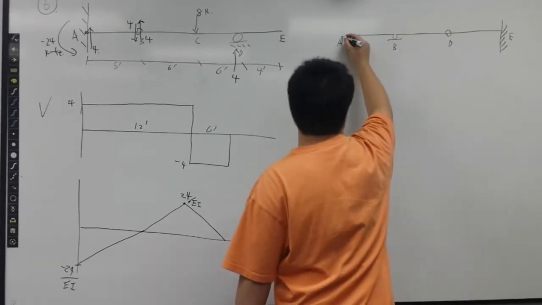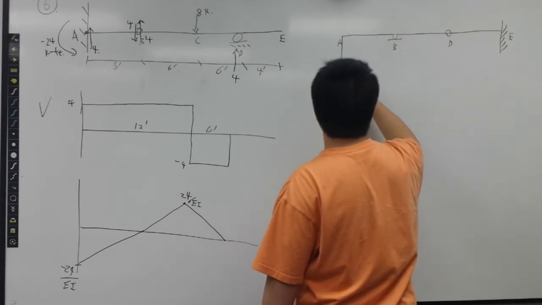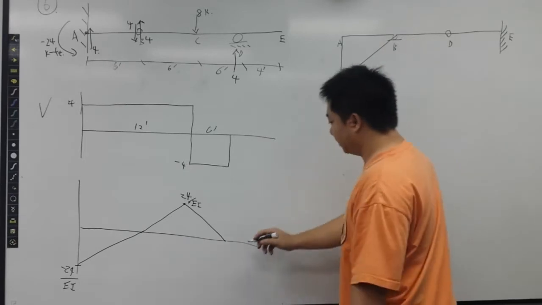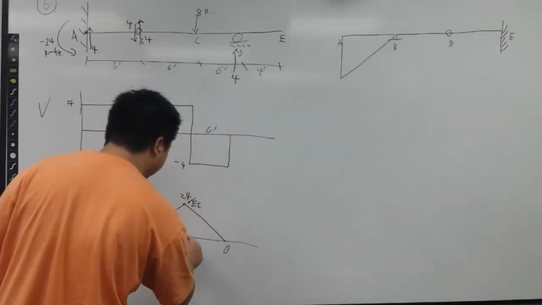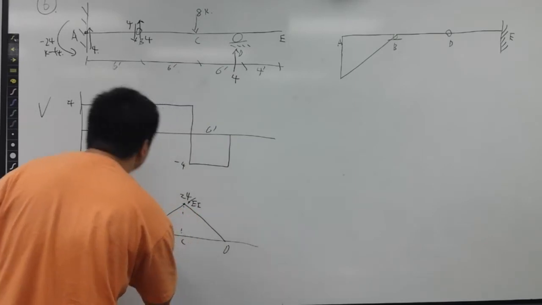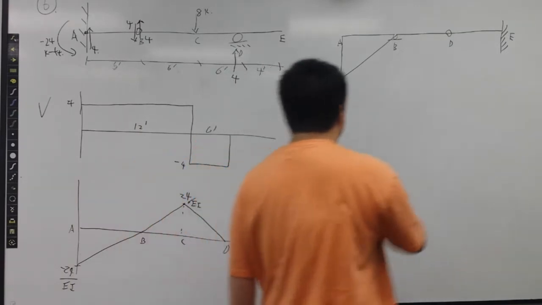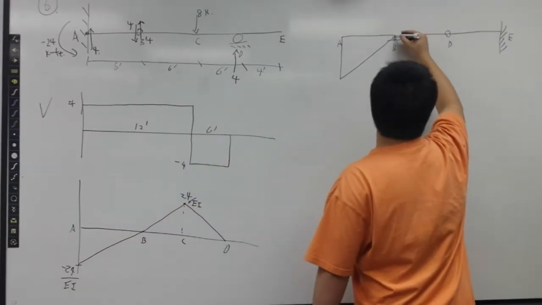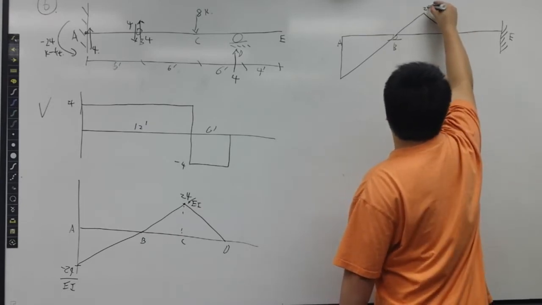So we're going to have this. This is D. This is C. This is B. This is A. So B here, so it's B to D, B to D right here. 24 EI.